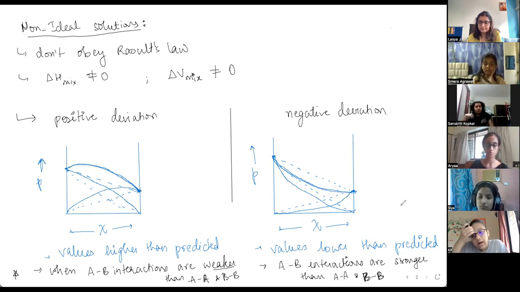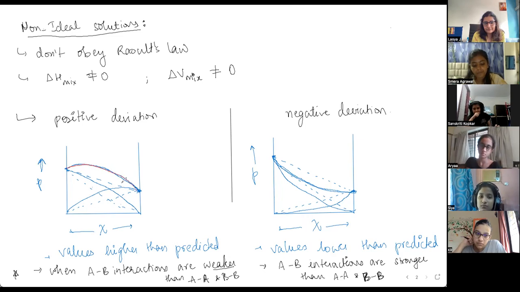In the graph, what does the upper line joining the two points signify? This is the actual measured value. The dotted line is supposed to be a straight line. If it was ideal, if you just applied Raoult's law, it should have been like this. But in reality, these are the measured values. You're getting greater values than the predicted values.